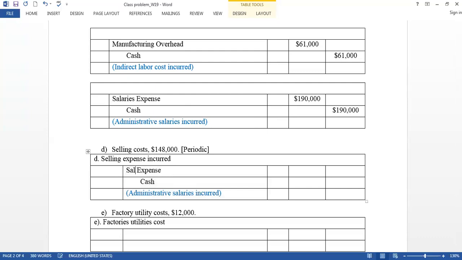Selling expense debit, and cash credit. Narration, selling cost incurred, $148,000.